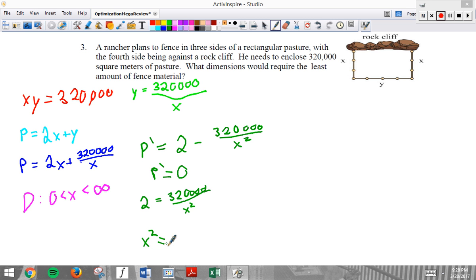X squared equals 160,000. Which I believe means x equals 4,000, or negative 4,000.